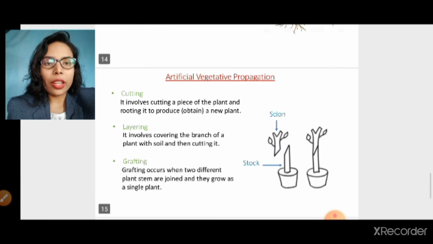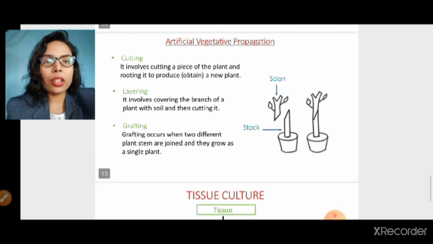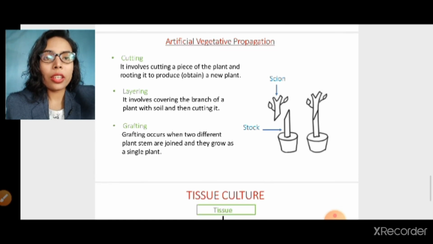Next, grafting. Grafting occurs when two different plant stems are joined and they grow as a single plant. As you see, there are two different plant stems that are joined. The first is known as the scion and the second is the stock, which is in the soil.